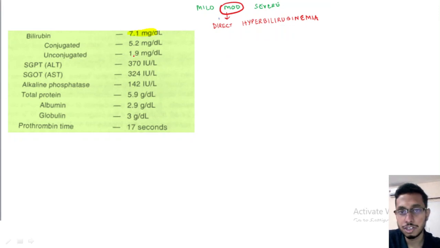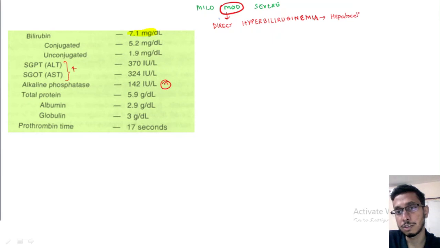How do you differentiate? Look at the liver function tests as well as the alkaline phosphatase. Alkaline phosphatase is near normal or mildly increased, so this is not cholestatic, and SGOT and SGPT are both deranged. Therefore, it is direct hyperbilirubinemia due to hepatocellular injury.